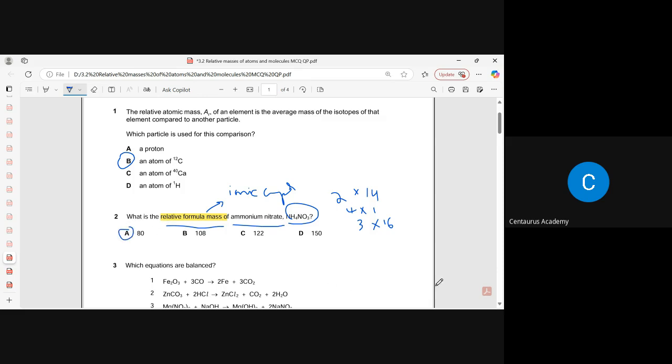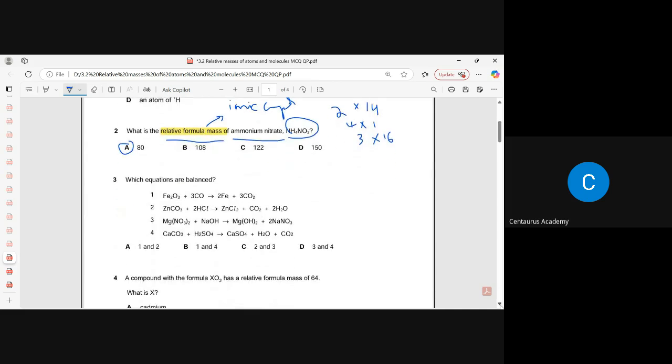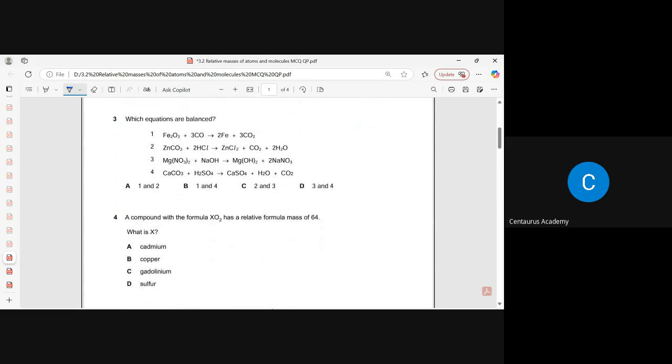Good. Which equations are balanced? Is it A, B, C, or D?